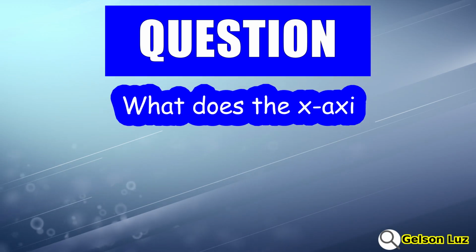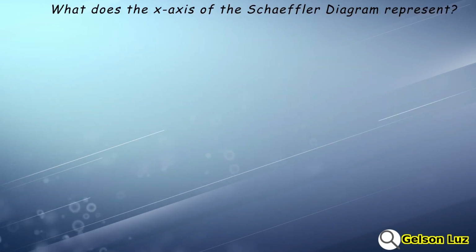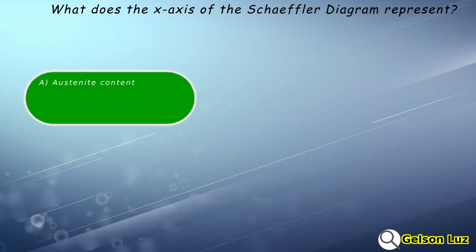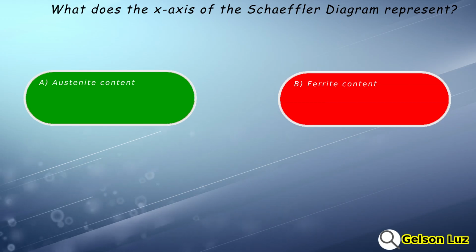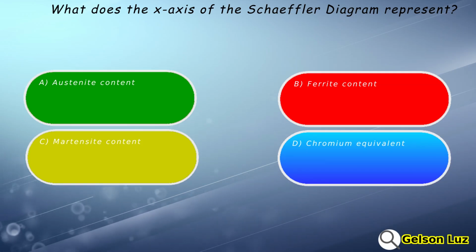What does the x-axis of the Schaeffler diagram represent? A. Austenite content. B. Ferrite content. C. Martensite content. D. Chromium equivalent.